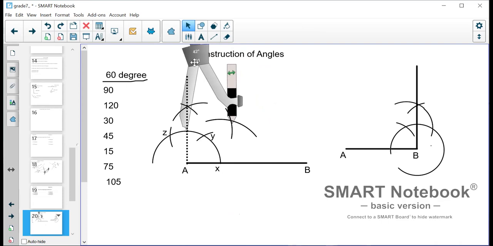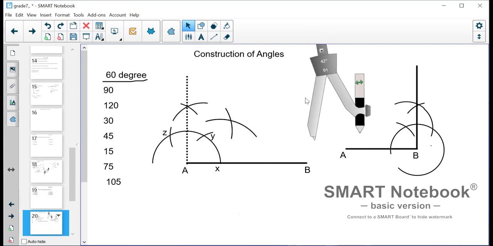And if you notice throughout all of these constructions, whatever measurement we start with first, we need to continue using that. All right. Now, in this case, you can adjust when you're looking for these two arcs in the middle here. But whatever measurement you use for the first arc, you need to use it for the second one also. Now, when we finish, we draw our line from A through that intersection.